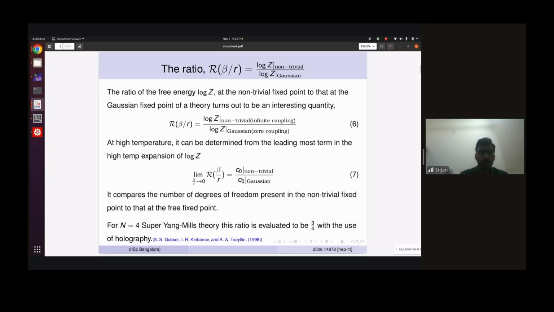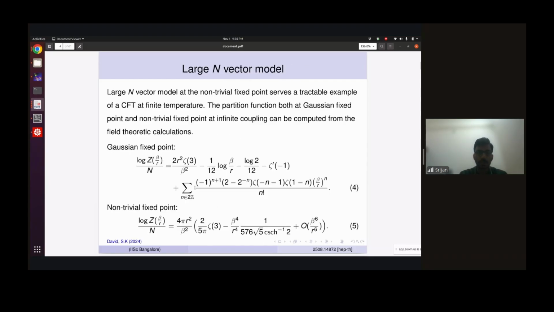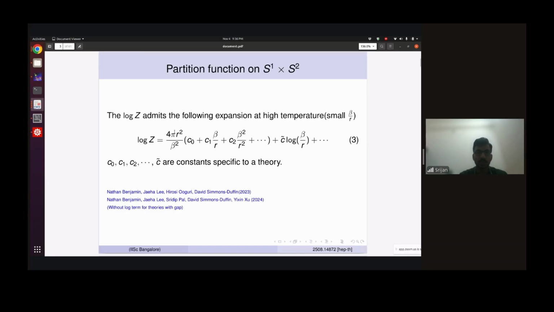Then we can take the limit where beta by r goes to 0, strictly at high temperature, and that can be evaluated just from the leading term, which gives you the strict high temperature limit.